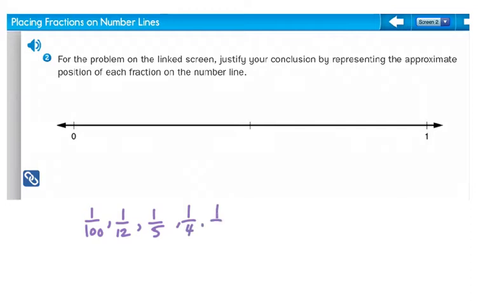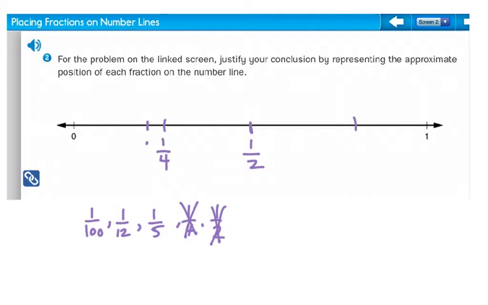Now what we're going to do is we're going to place all of these on the number line. Well, right now I know that 1/2 has to go halfway between 0 and 1. Now 1/4, think of this line being in 4 equal parts. 1/4 would be here. 1/5 would be a little bit smaller.